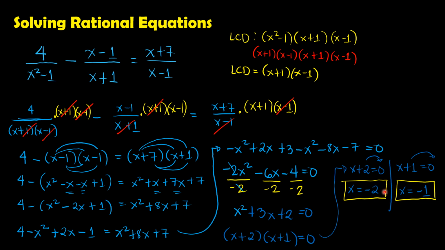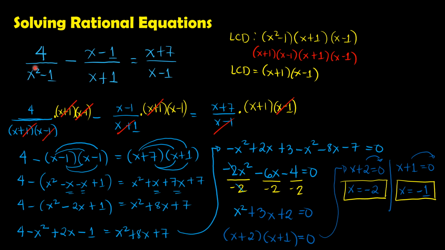Kung nakuha nating value ng x, pareho ba magsasatisfy dito sa ating rational equation? Remember, the focus of our rational equation is hindi pwedeng maging 0 yung denominator. Even if we do not perform checking, just by inspection. Kapag pinalit natin yung negative 2 anywhere in the denominator, magkakaroon pa ng 0 sa denominator?